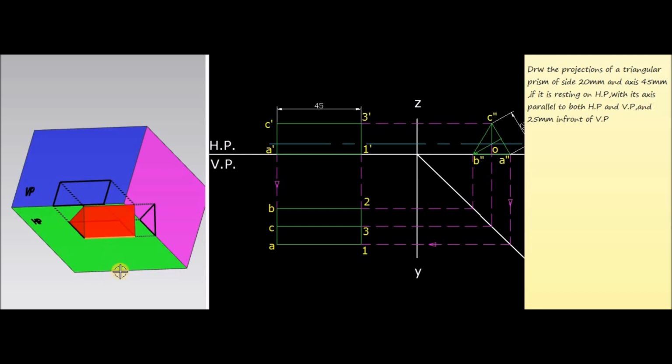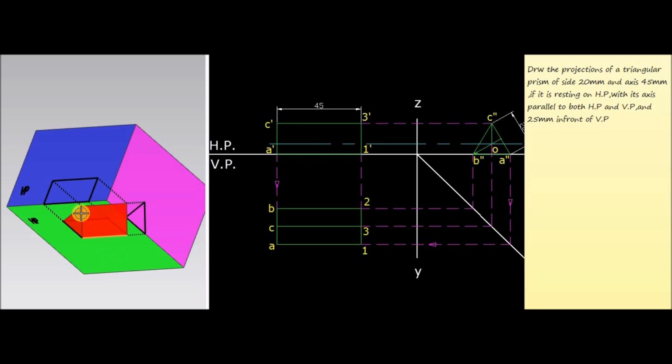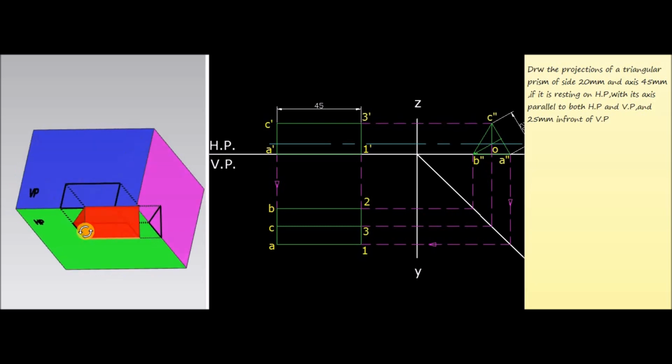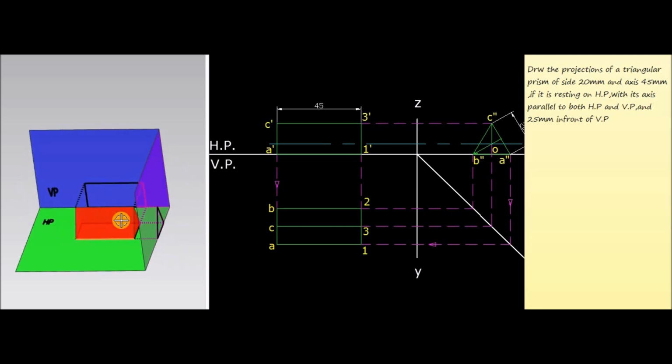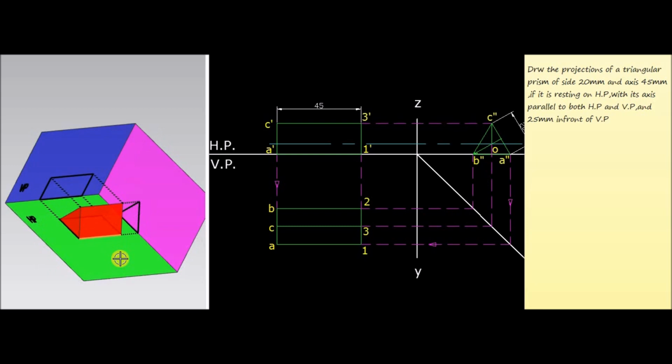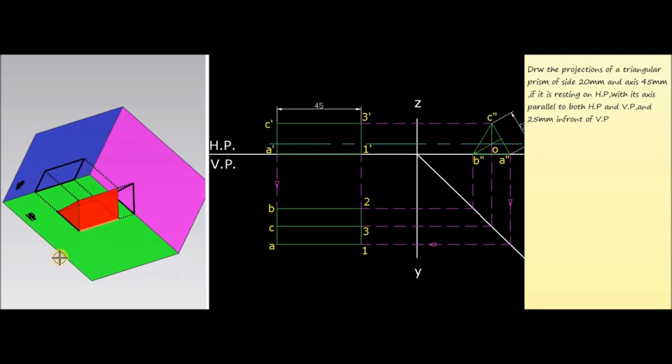And when we are looking from this front side, we'll get the projections of the left side corners A, B and C here, and similarly corresponding to the right face 1, 2, 3, we'll get the corresponding projections on the vertical plane here. Now join all these points, you will get one rectangle and that represents the front view of the triangular prism.